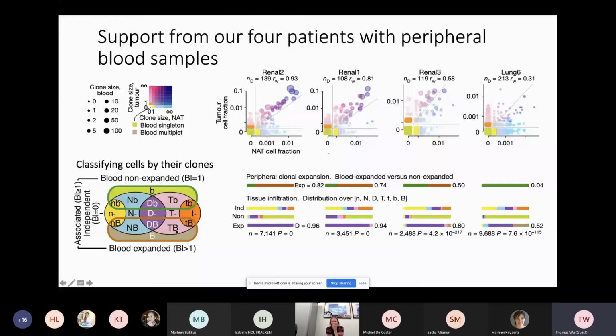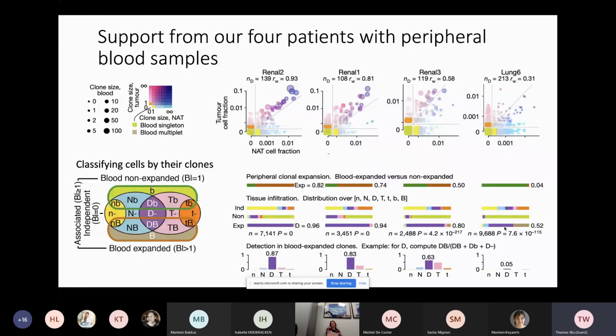The most striking is that the cells from the dual expanded clones were also most heavily present in these peripherally clonal expanded ones, and they're smaller when you didn't have peripheral expansion. Again, supporting our hypothesis that when you have expansion in periphery, you have a high infiltration of these dual expanded clones in the tissue.